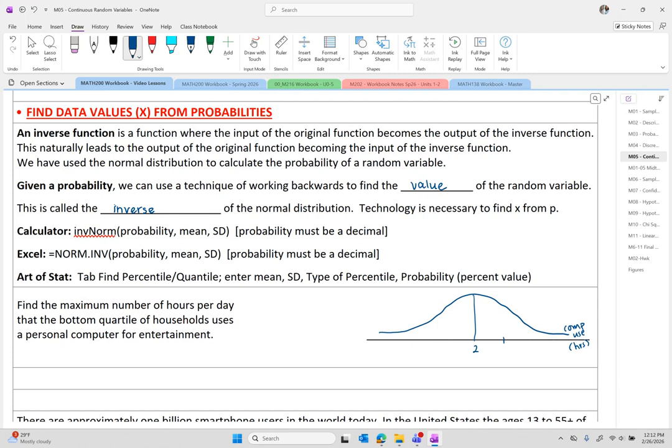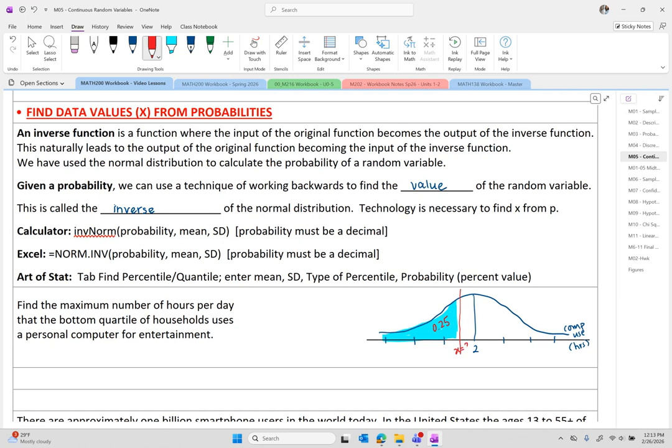Every tick mark is 0.5. And they are asking me to find the maximum number of hours per day that the bottom quartile of households uses the personal computer. So they are telling me that this probability here will be 25%, and they are asking me to find what is this X value.